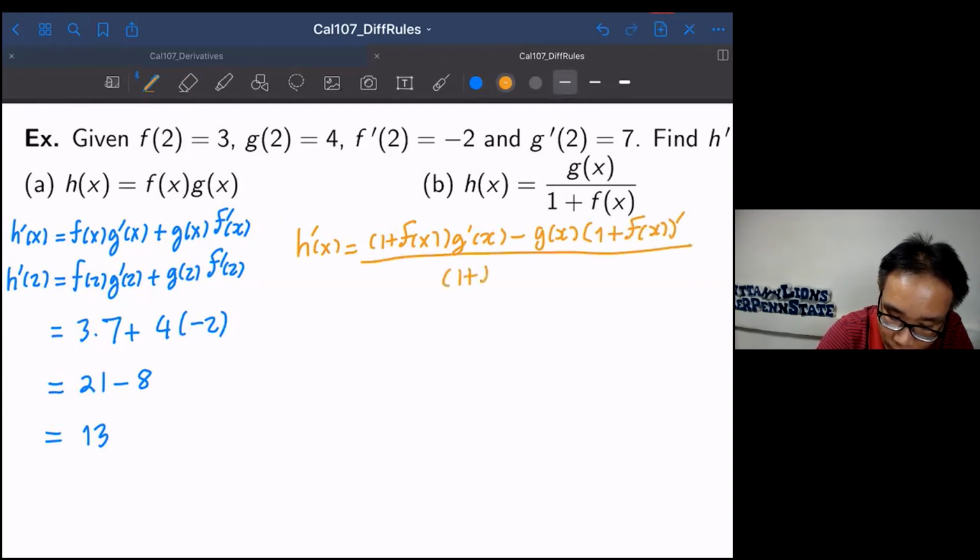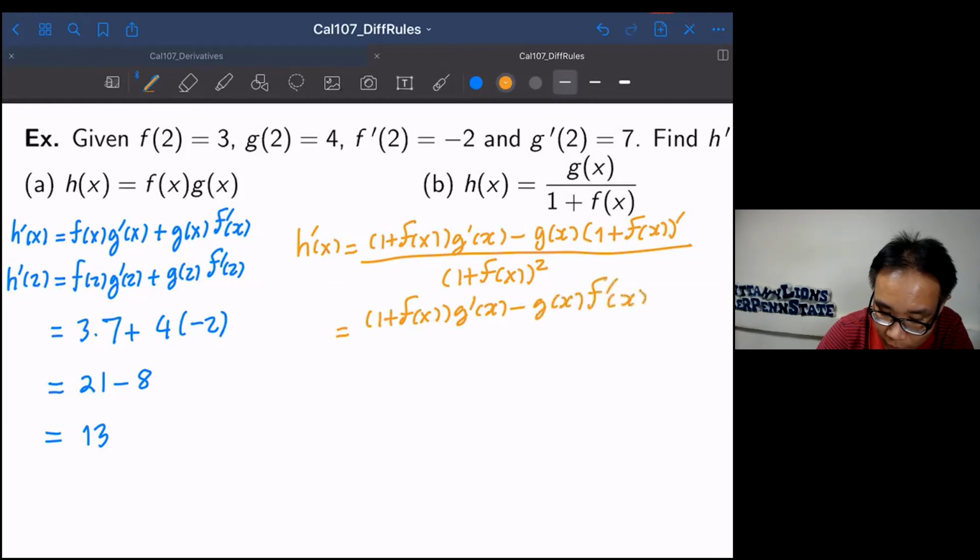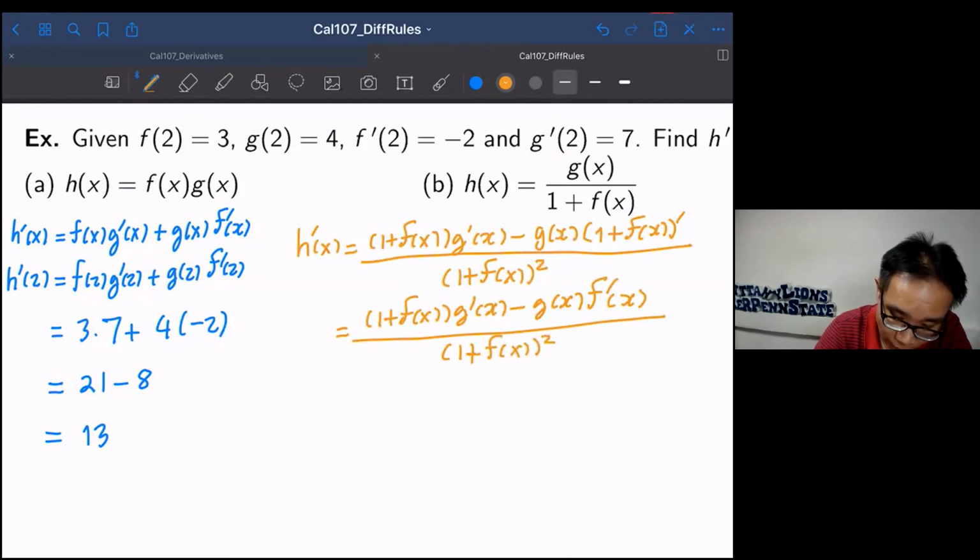So it's going to be (1 plus f(x)) squared. In this case, you're going to have (1 plus f(x)) g prime x minus g(x) f prime x over (1 plus f(x)) squared. And then you have h prime 2, so you're going to plug in.